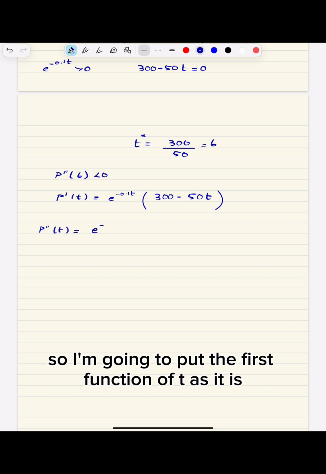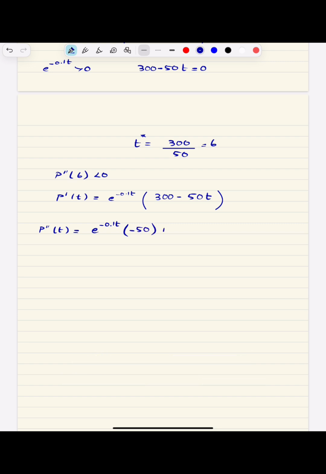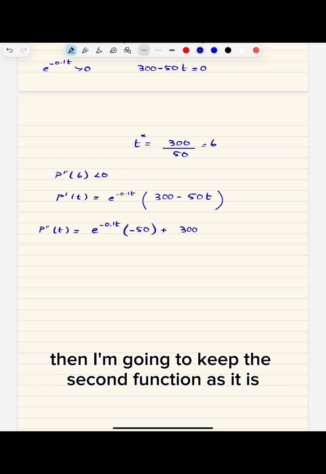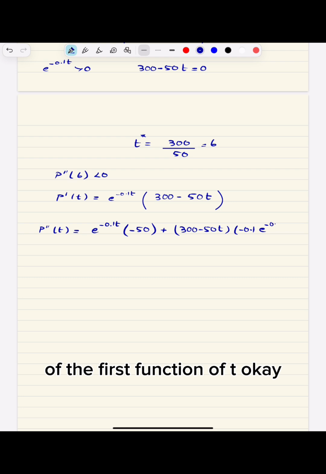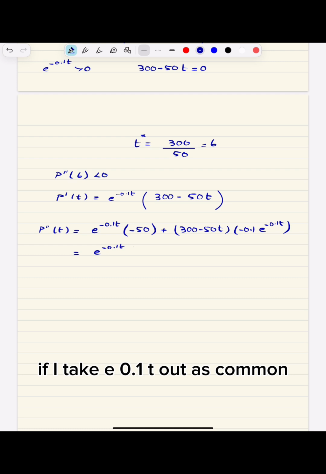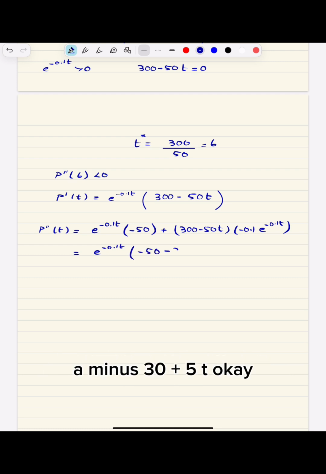So I'm going to put the first function of t as it is and multiply it by the derivative of the second. Then I'm going to keep the second function as it is and multiply it by the derivative of the first function of t. If I take e to the minus 0.1t out as common, I'm going to be left with minus 50, minus 30 plus 5t.